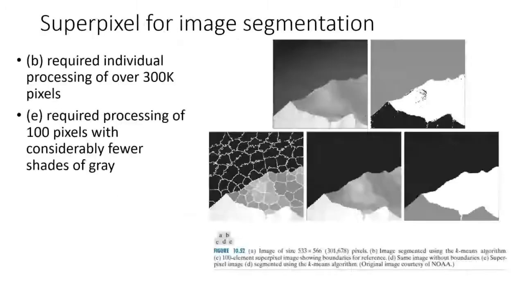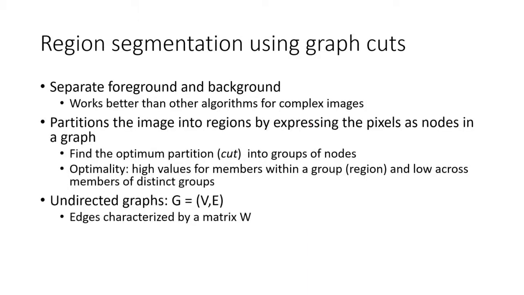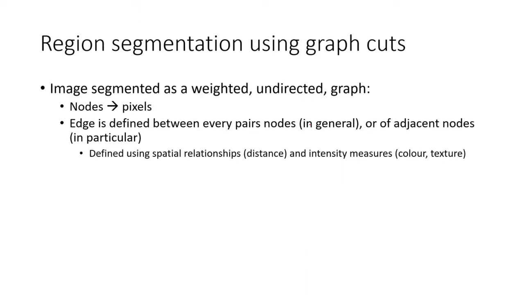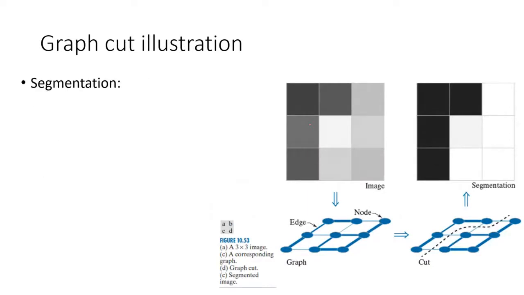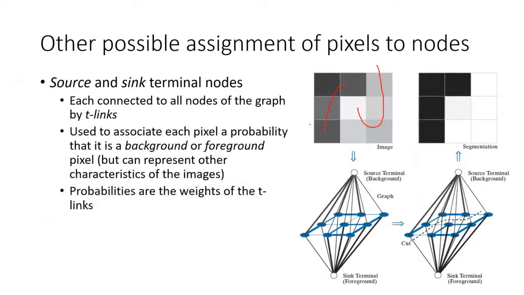In this method, the user could just say, well, this is roughly one region, this is another region, and this is another region. This input will be used to calculate these probabilities of source and sink, and will give you quite a good segmentation. There's a whole area of research developing this kind of methods, these graph cut methods.